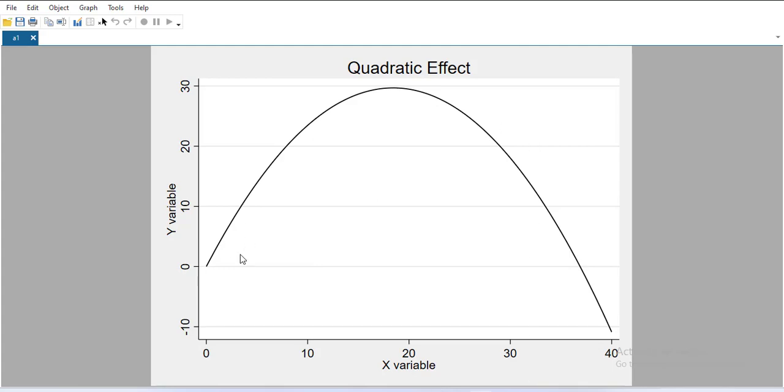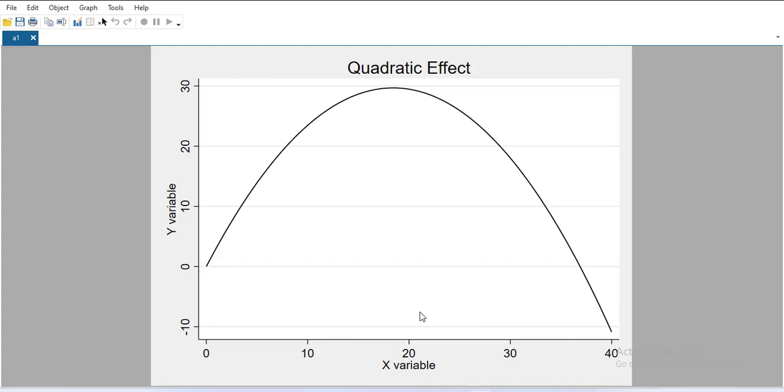Since I already know it is crossing negative of the y, that's why I'm not going beyond 40. If you notice that it is not crossing 0 of y, then you can increase the value of x. So this way you can plot quadratic functions in Stata, and then you can visualize how an increase in the x variable is changing the y variable.